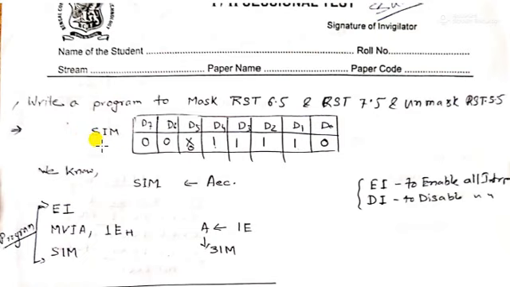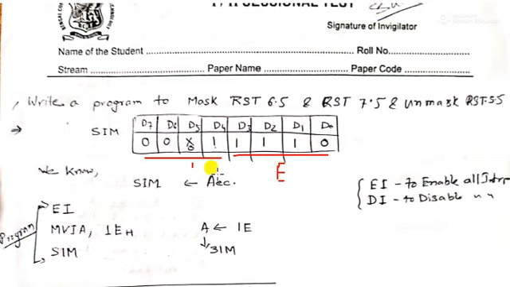The SIM instruction loads the value from the accumulator, because the user writes this value, that is 0 0 0 1 1 1 1 0, that's 1E.